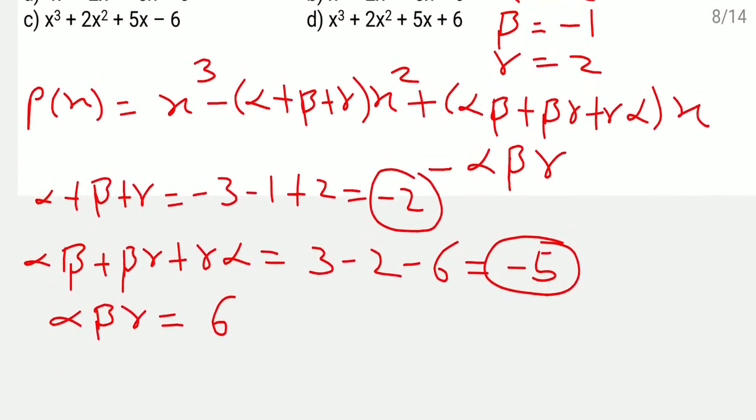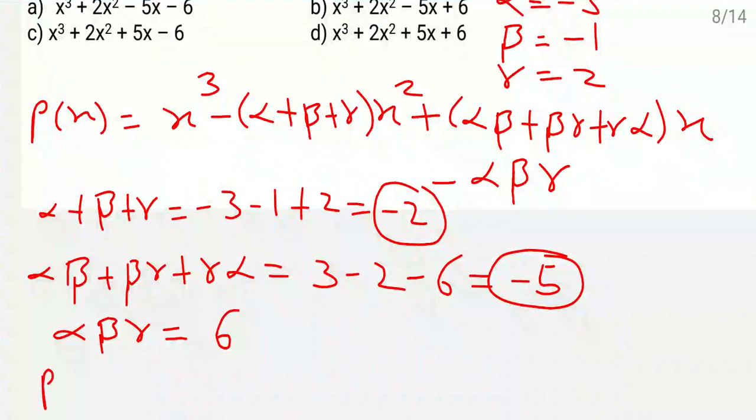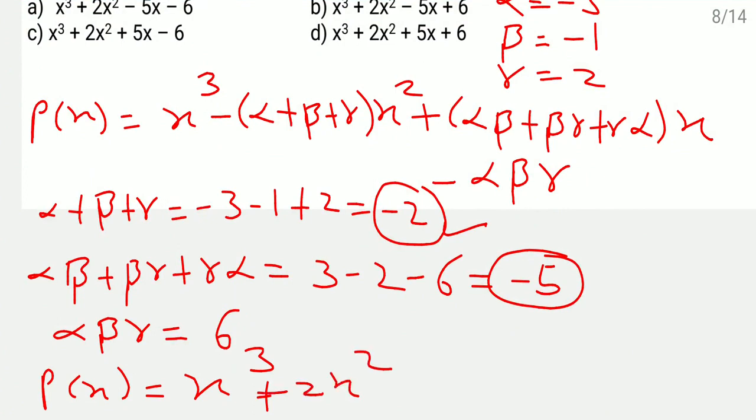So if I substitute here, I get p of x which is equal to x cube minus sum, which is minus 2, so minus minus will become plus 2x square. Now here plus this one into x, which is minus 5, so directly minus 5x and the product minus 6.